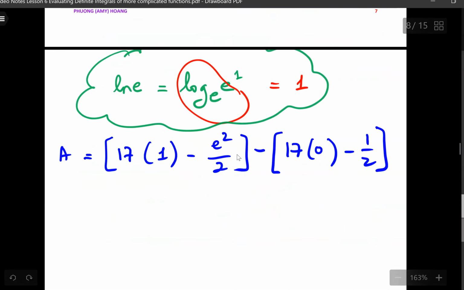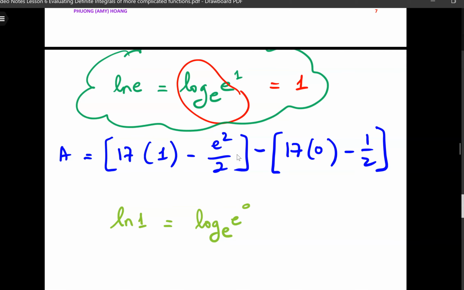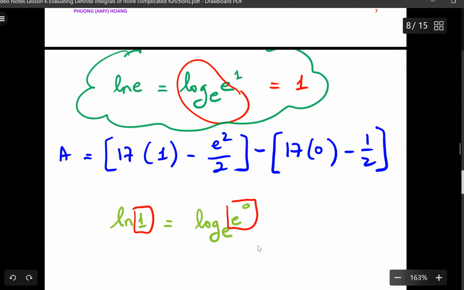If you don't want to use a calculator, I can show everyone how this works. So ln is the log to the base e, and the 1 I can write as e to the exponent 0, because any number raised to exponent 0 is equal to 1. So e to the 0 is equal to 1. And I apply the properties of logarithm. I should have this as equal to 0.